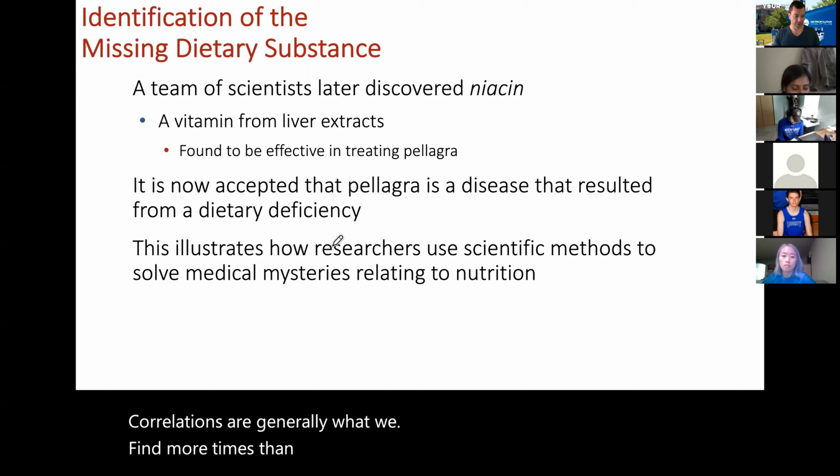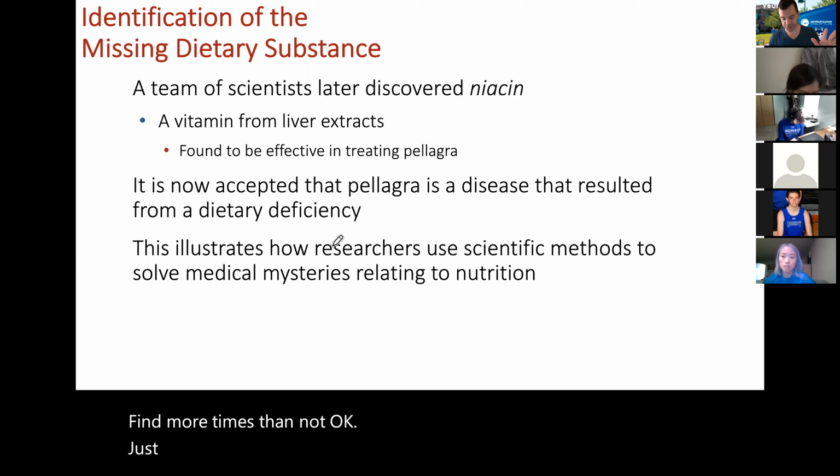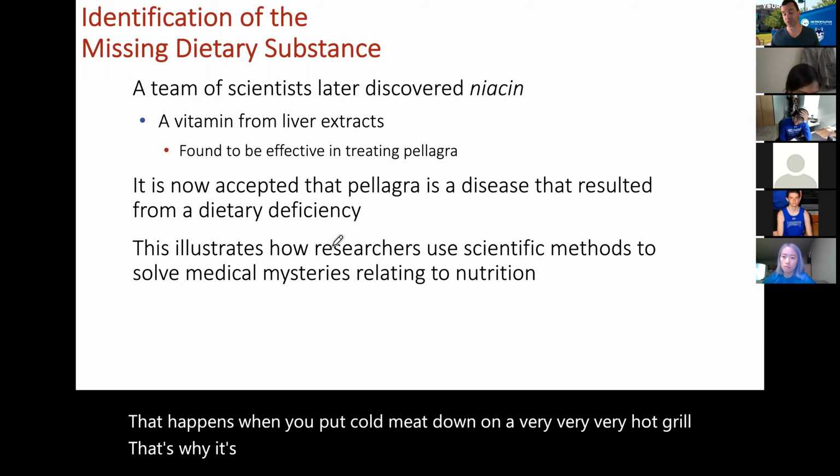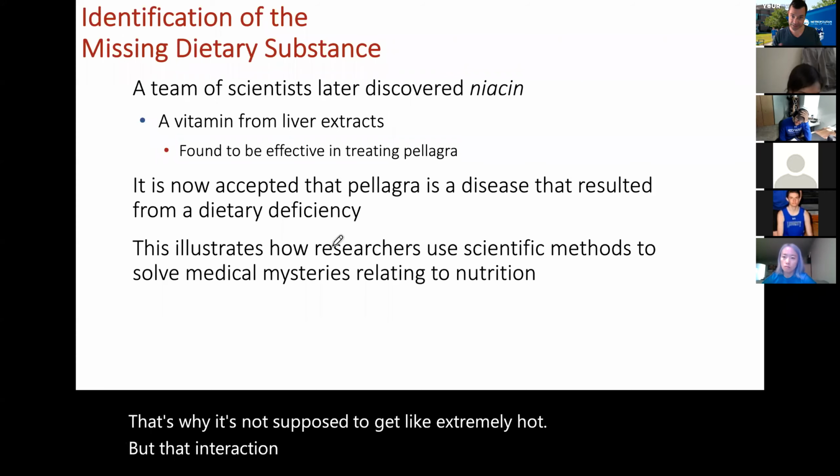Okay? A classic example is grilling. That char that happens when you put cold meat down on a very, very, very hot grill. That's why it's not supposed to get extremely hot. Okay. But that interaction produces these chemicals that can cause cancer.